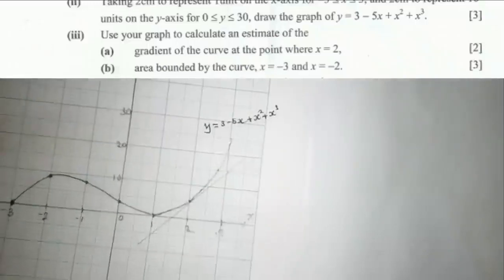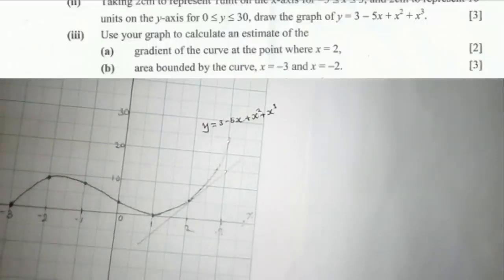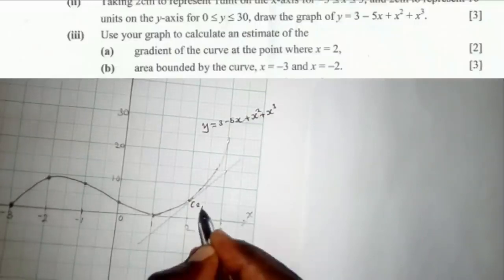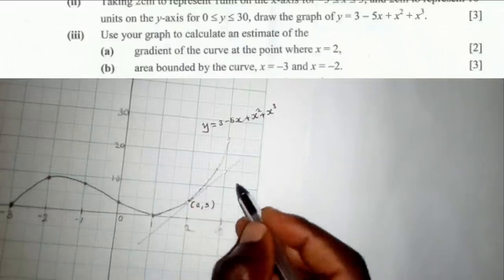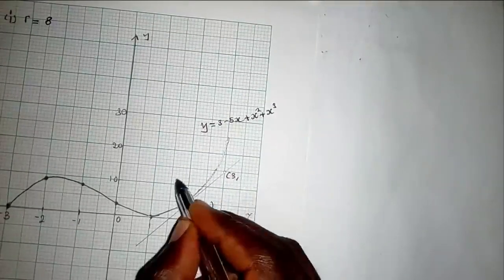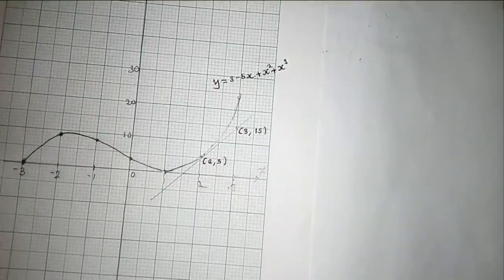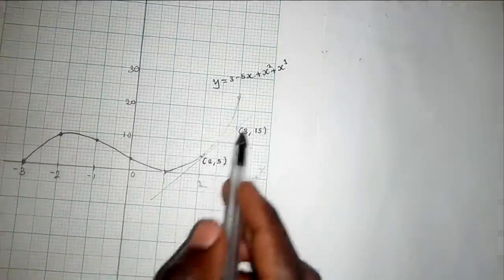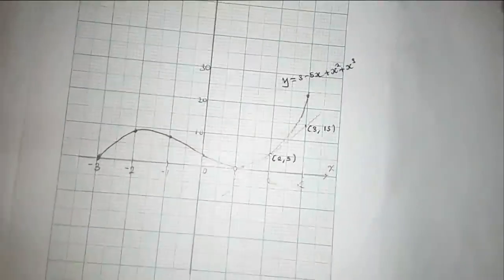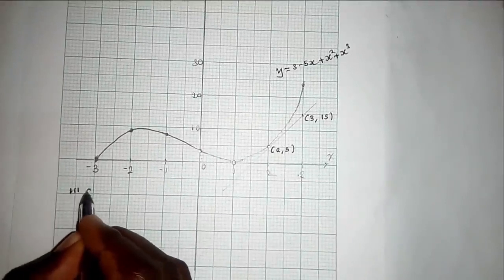So what I can do here, so that I don't mess up, I can put the coordinates which are here. This is 2, 5. And here I know this is 3, 15, I guess. So these are the two coordinates, 3, 15 here. So now for me to find gradient, I'll indicate my solution here.